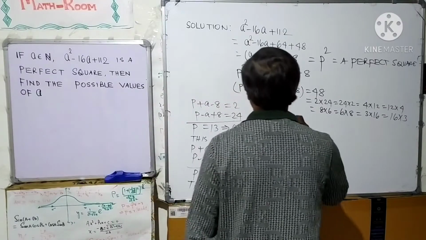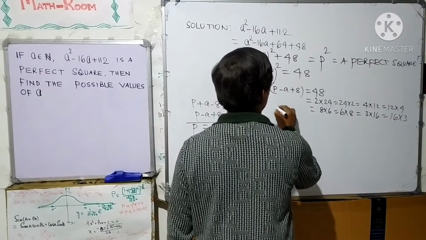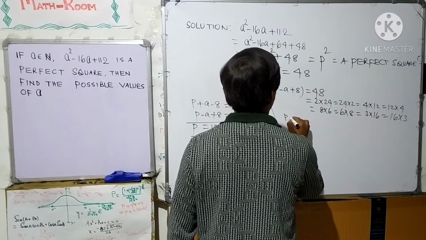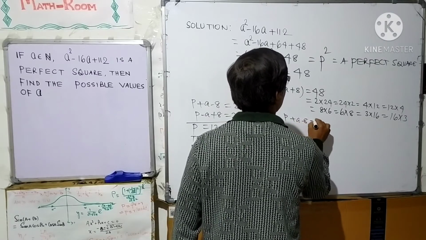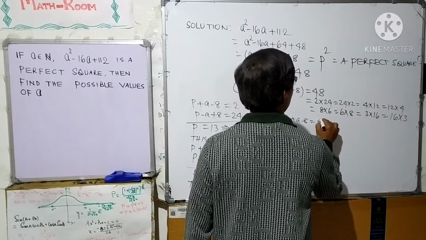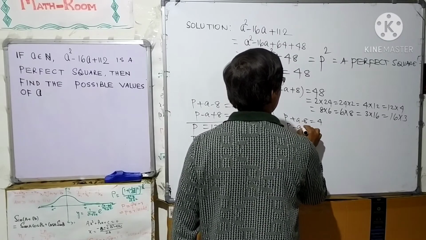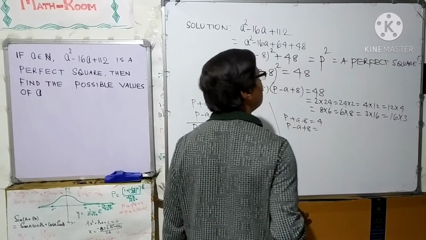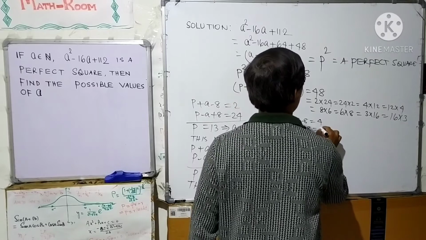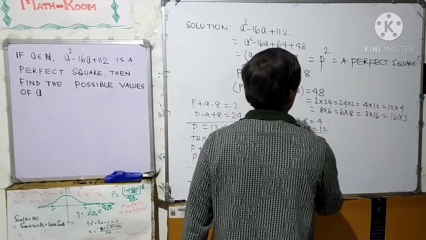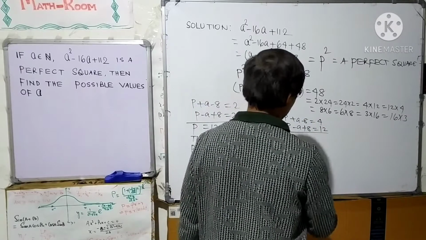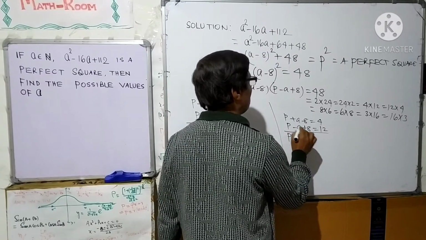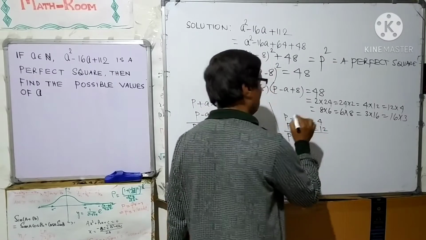Again, if we choose p plus a minus 8 equal to 4 and p minus a plus 8 equal to 12, if we solve these two equations, we get p equal to 8.